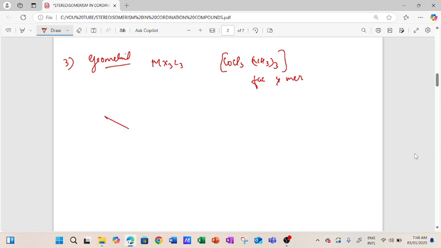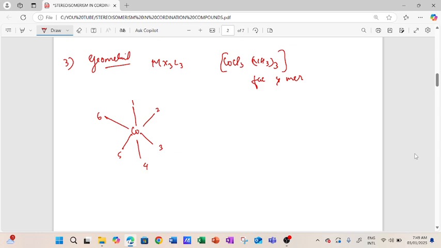I'll draw how to arrange the ligands and central metal atom. Central metal atom, of course, at the center, and there are 6 corners. Let me give the numbers 1, 2, 3, 4, 5, 6. What you need to do is take a particular face. This is an octahedral geometry.